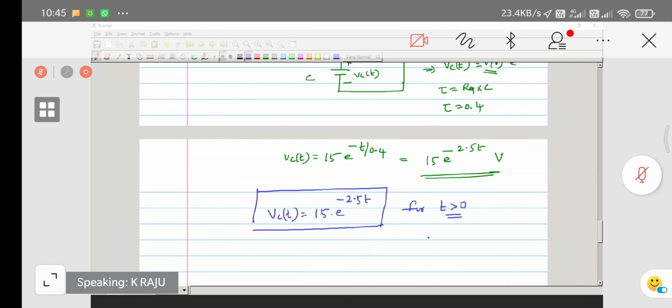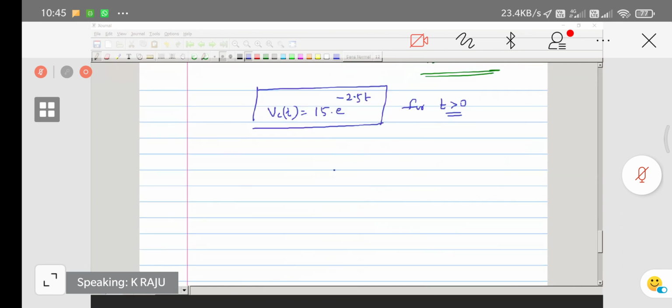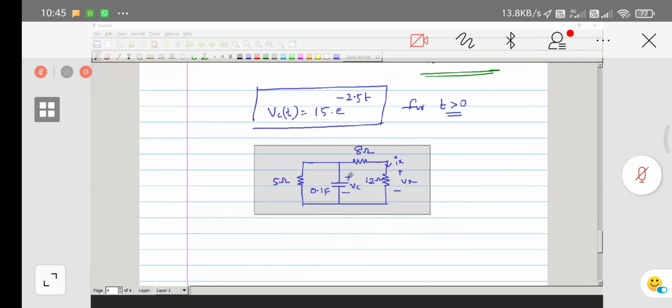Next, once you find out the voltage across the capacitor, you can easily find out the voltage across the resistor. This is Vx. You already know about the voltage division rule.